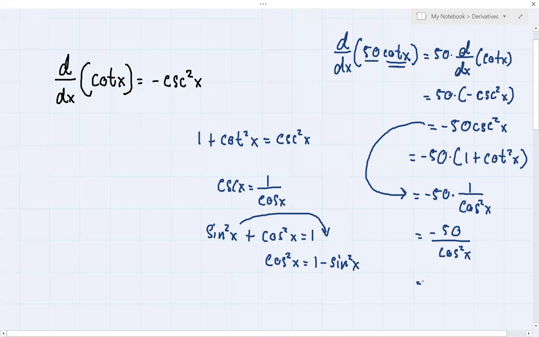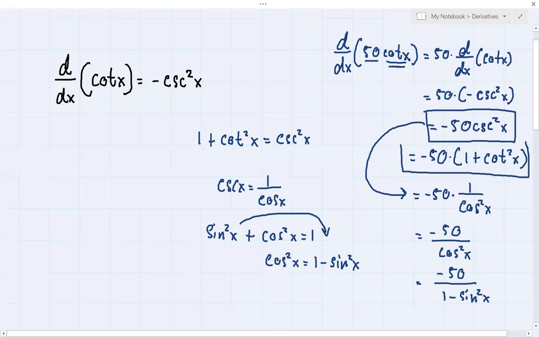So magiging 50 all over 1 minus sine squared x. So you have like four answers. 1, 2, 3, tsaka 4. So it's up to you which one would you prefer.